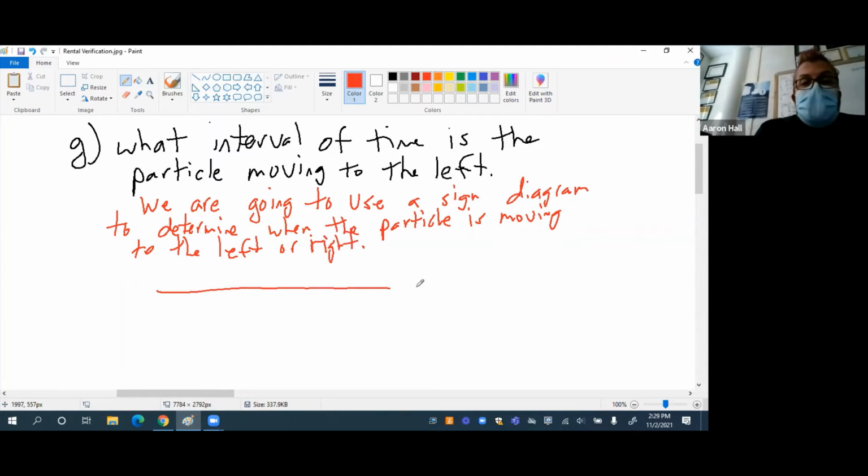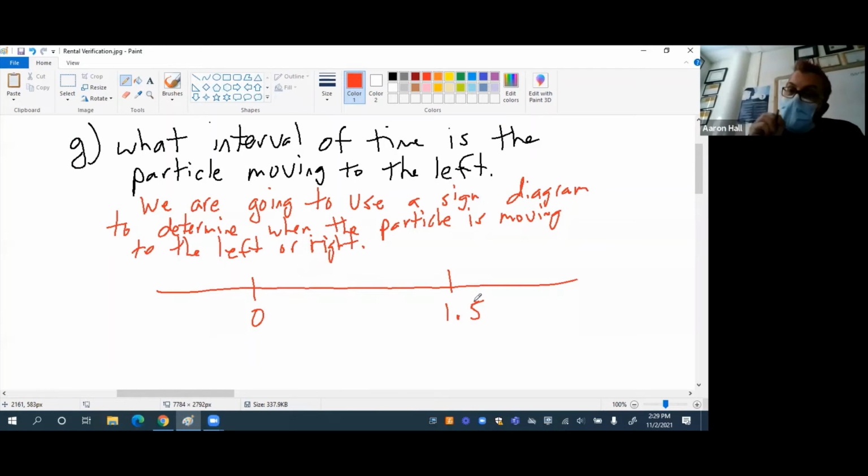So here's our line, and then we're going to indicate the 2 points where the graph stops. At what times does the particle stop? T equals what? 0 and 1.5. Okay. Now our equation for the velocity, and that's the whole point, we're trying to figure out where the particle moves left and right.